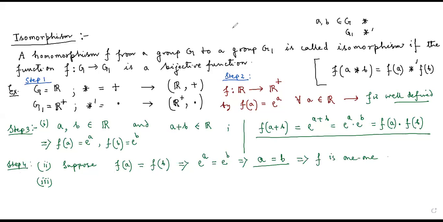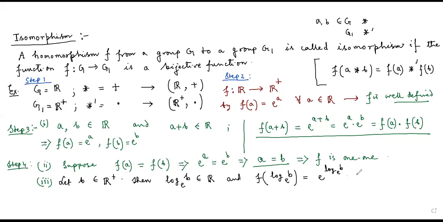So for this, what I can do is select an element B from the set of positive real numbers, and we know then that we can get an element of the form log b to the base e in the set of real numbers, such that when the function is operated on this element, we get b.